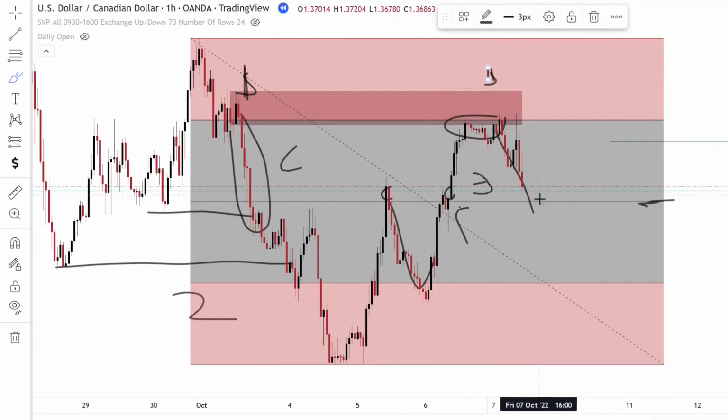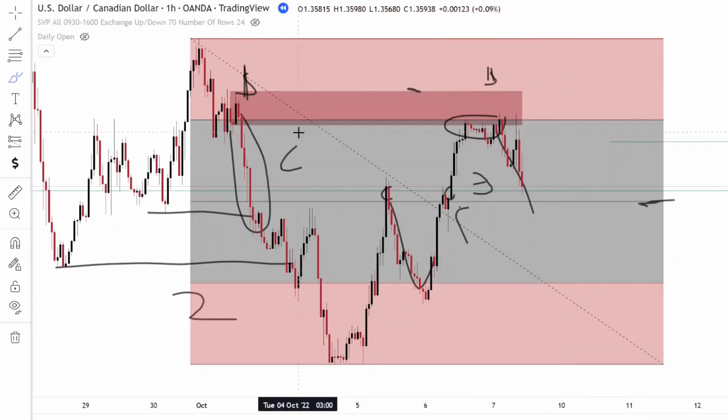So now you expect price to come back down, find another inefficiency and break through it because it no longer exists. That would be my favorite entry. But as far as an institutional candle is concerned, your stop loss will only go above here, because if it crosses here, it might just go down a little bit just to come up and continue up and form the liquidity. So yeah, it's always these three things when it comes to validating an institutional candle.